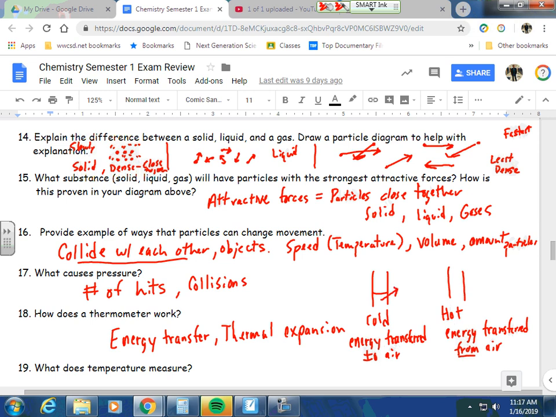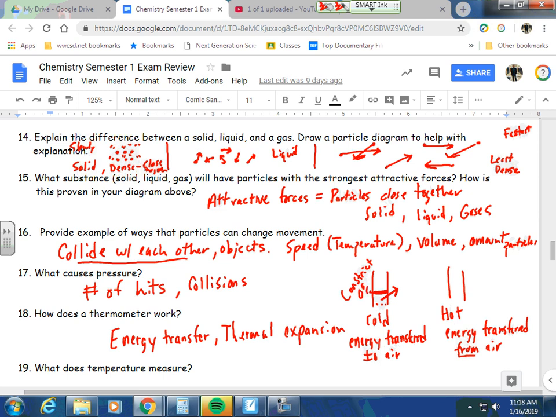As those cold particles are bouncing off the thermometer, which has this liquid in it, energy is going to be transferred from the particles to the air, which means they're now going to have less energy, which means they're going to move slower and come close together. They're going to constrict, get closer together.